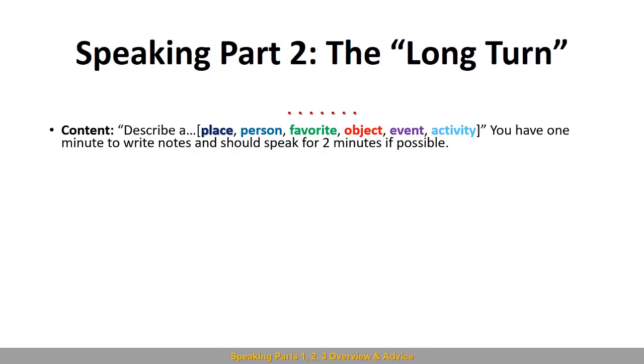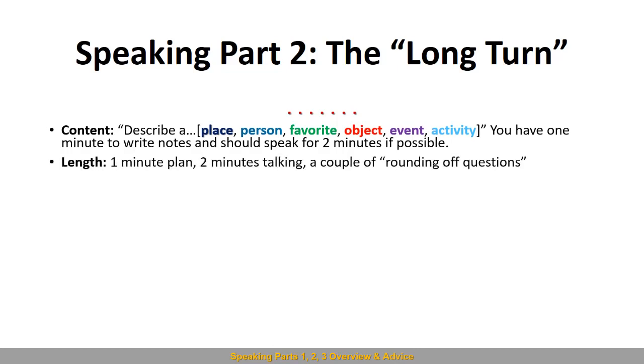It's okay if the examiner stops you, but try to reach 2 minutes if possible. They'll ask you to describe some kind of topic. Usually it's a place, person, favorite something, object, an event, or some kind of activity. It could be any one of these topics, but probably a bit more detailed.